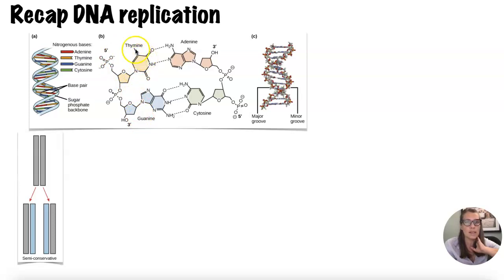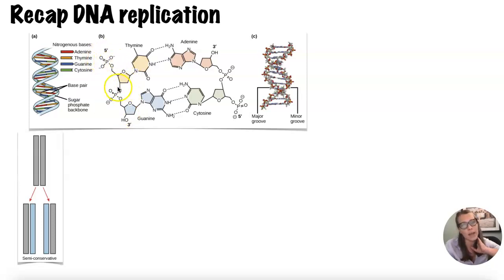So this strand here, we can call it the leading strand, or the lagging strand, actually, sorry, is from 5 to 3. How we give these numbers is based on the position of the carbon in your sugar. So that means that this carbon here is in the 5th position and is bonding with the phosphate.